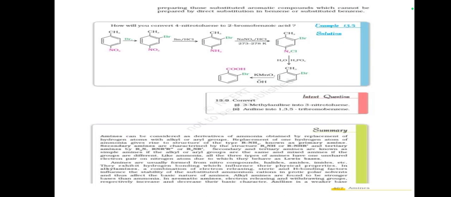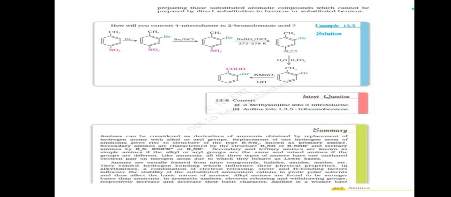Summary. Summary of amines. Amines can be considered as derivatives of ammonia obtained by replacement of hydrogen atoms with alkyl or aryl groups. Replacement of one hydrogen atom gives primary amines, and secondary amines are characterized by the structure R2NH, and tertiary amines by R3N. The alkyl groups may be different, like ammonia.